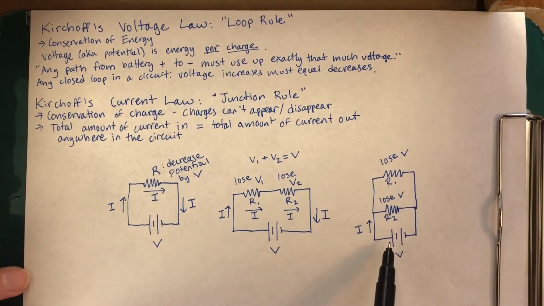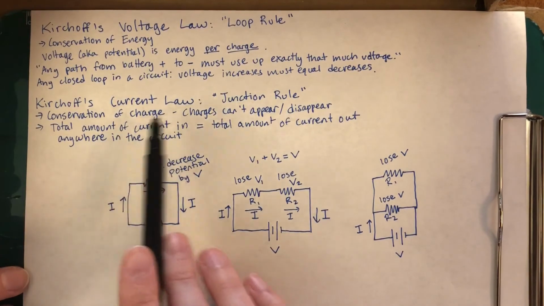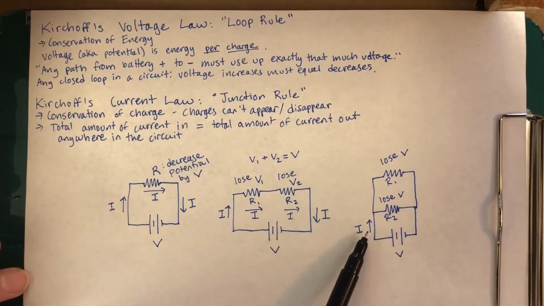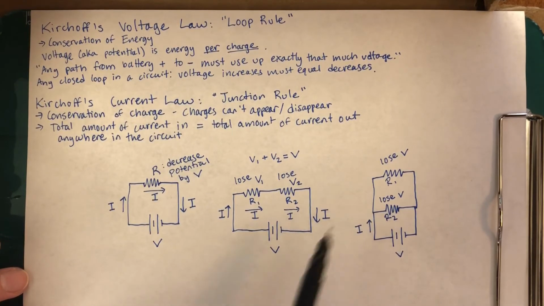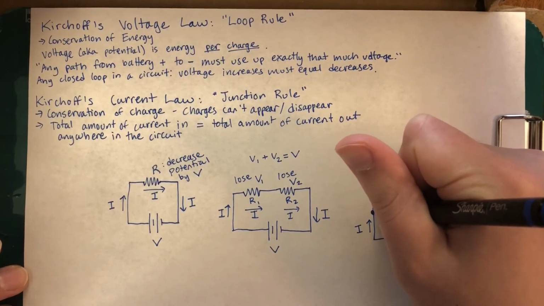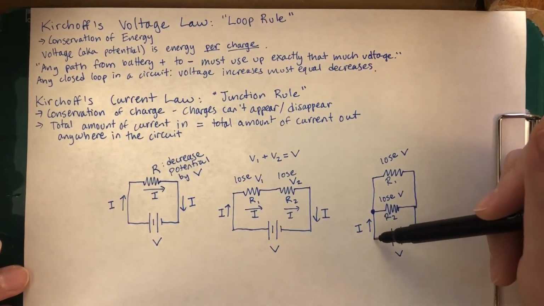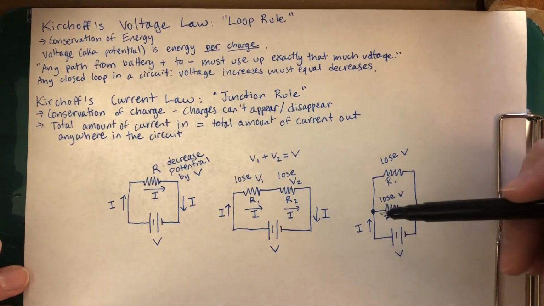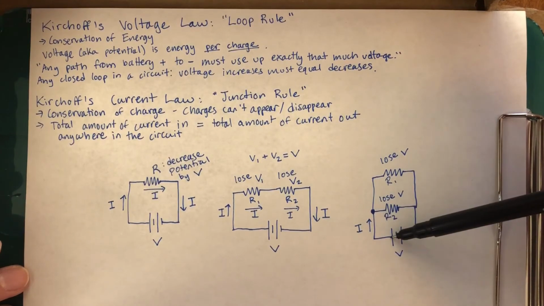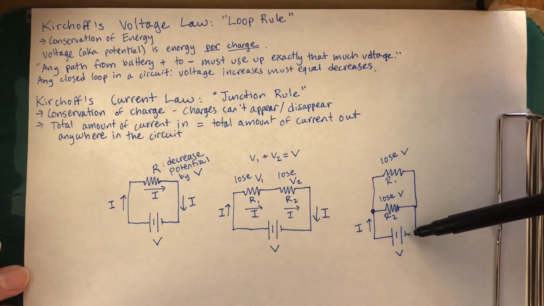On this one, we do have some branches. And the current law, or the junction rule, tells us that the total amount of current coming in equals the total amount coming out. So if we think about this point in the circuit, this branching or intersection, we know we have some current coming into this point, and the charges want to get from the positive to negative side of the battery, so they want to get over here.